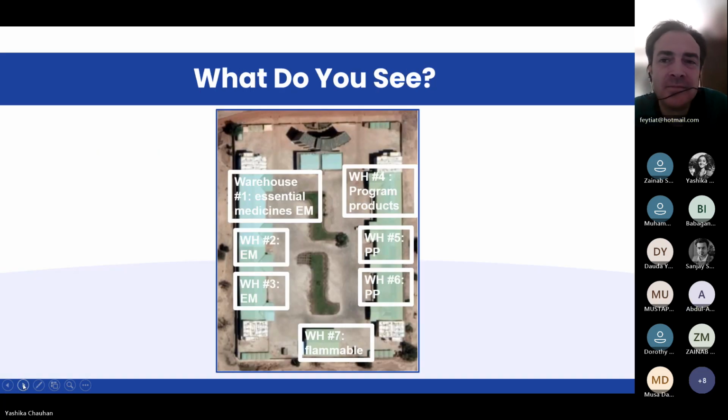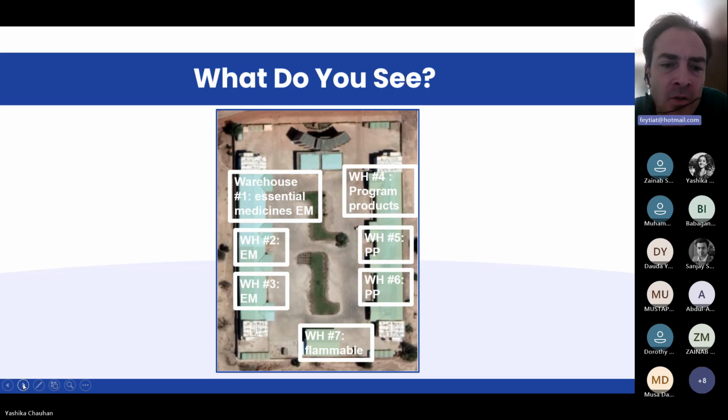Now, second example. And probably Ritika, what we could do is to put example number 1, example number 2, so that it's more telling to the people. What do you see here? And because we're late, let me describe what we see. We see 7 buildings. The first one is for essential medicine, EM.